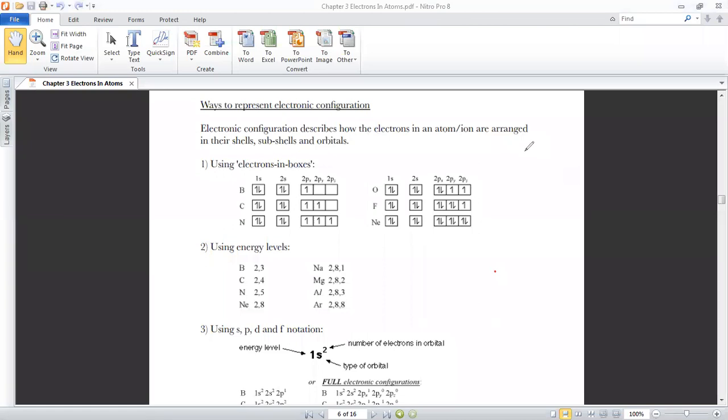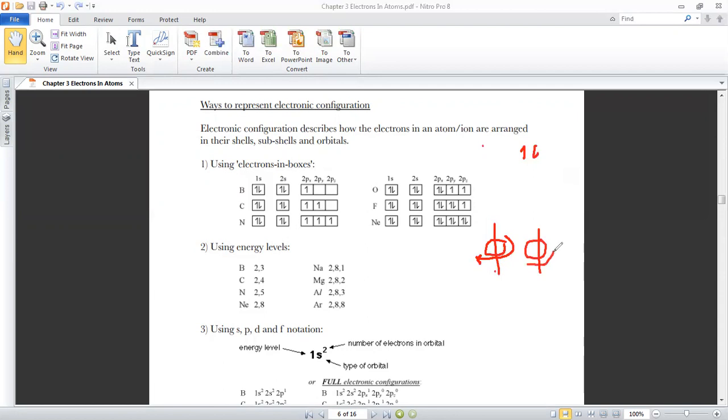We know that half of them are spinning in a clockwise direction and half in an anti-clockwise direction. So if we take the electron as a particle spinning on its axis, this is your electron, and suppose it is spinning clockwise. Then the other electron in the same orbital will be spinning anti-clockwise.